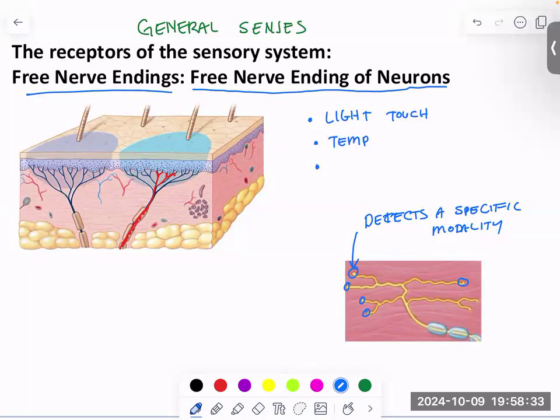Some will detect some level of stretch, pain. These can detect pain. And interestingly enough, they make what we call a receptive field. So that neuron is responsible for that field on the skin.